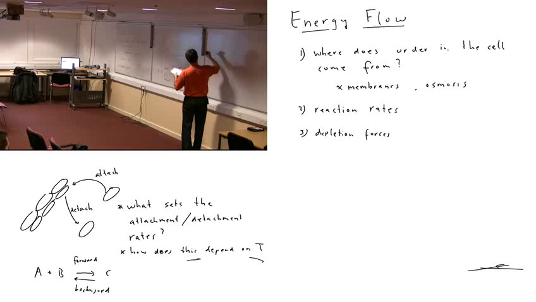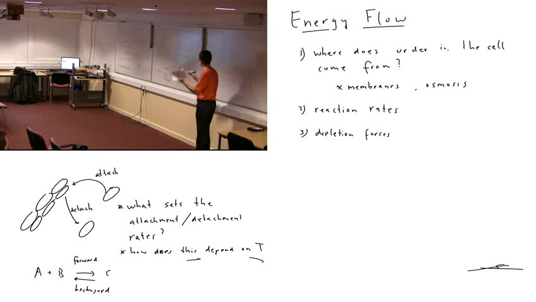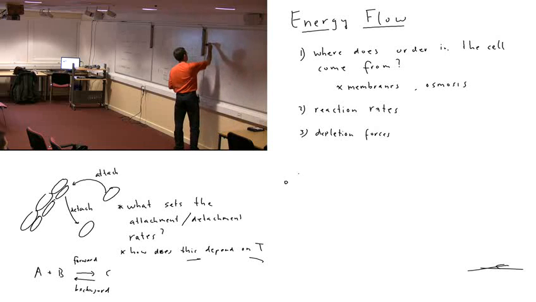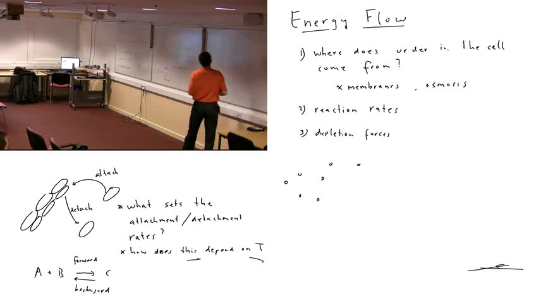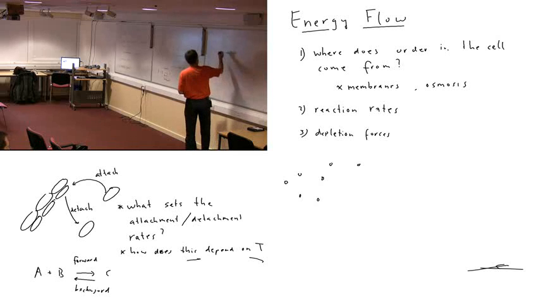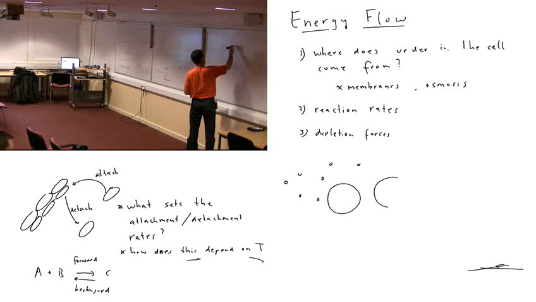So suppose I have some big container with a lot of small molecules dissolved in the fluid. So these are small ones, and they move around thermally. And suppose now I have a bunch of larger molecules present as well.